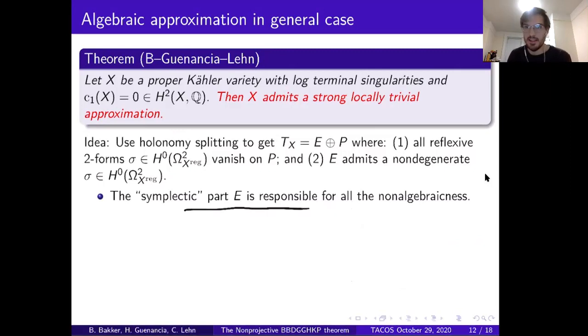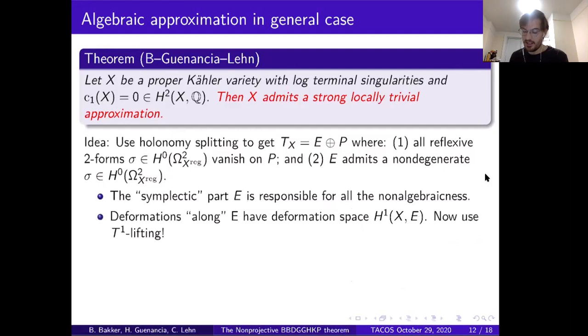And just as in the case of actual symplectic varieties, you can make sense of locally trivial deformations along E, which have deformation space H1E, and one can show by a similar argument as in the symplectic case that this deforms as a vector bundle, and therefore by T1 lifting, it produces a subspace of unobstructed deformations.